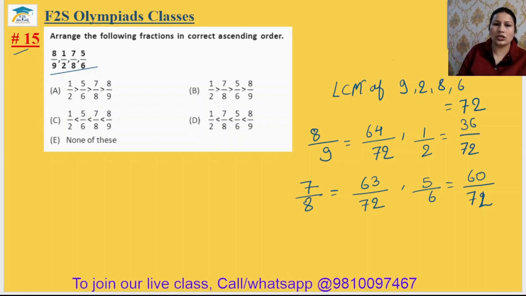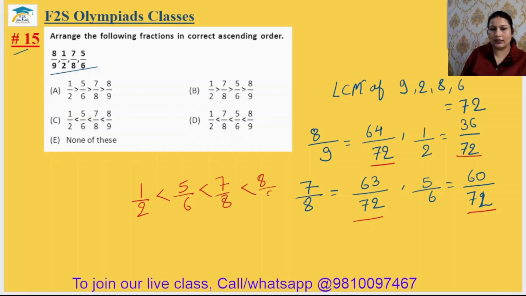Now, how can we arrange them in ascending order? Now all the denominators are the same. Ascending means smallest to greatest. The smallest is 1 by 2, so 1 by 2 is less than 5 by 6, less than 7 by 8, less than 8 by 9.